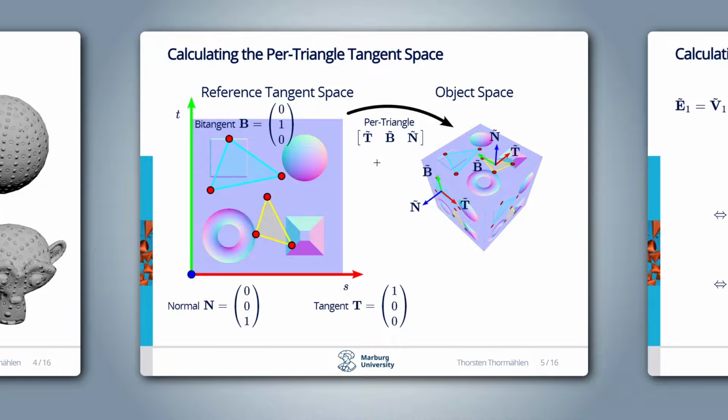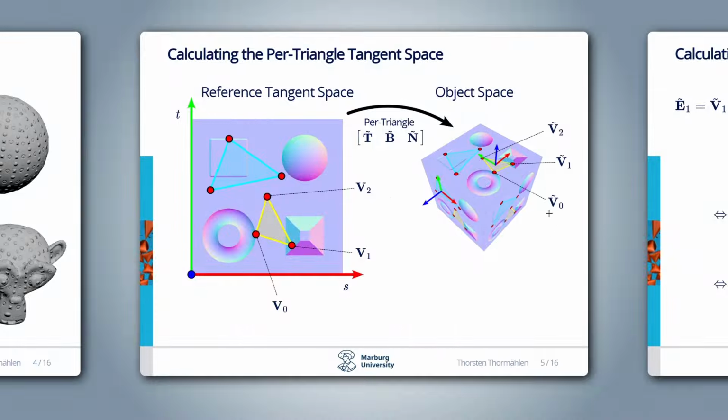Alright, to compute the per-triangle tBn matrix, we need t tilde, b tilde and n tilde. N tilde is known because it is given by the surface normal of the triangle. To compute t tilde and b tilde, we first need to introduce some notation. The vertex positions in 3D object space for a triangle are v0 tilde, v1 tilde and v2 tilde.